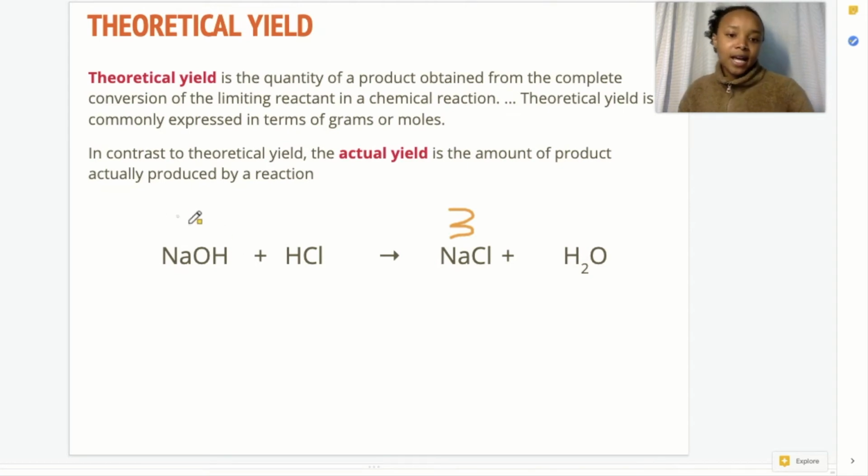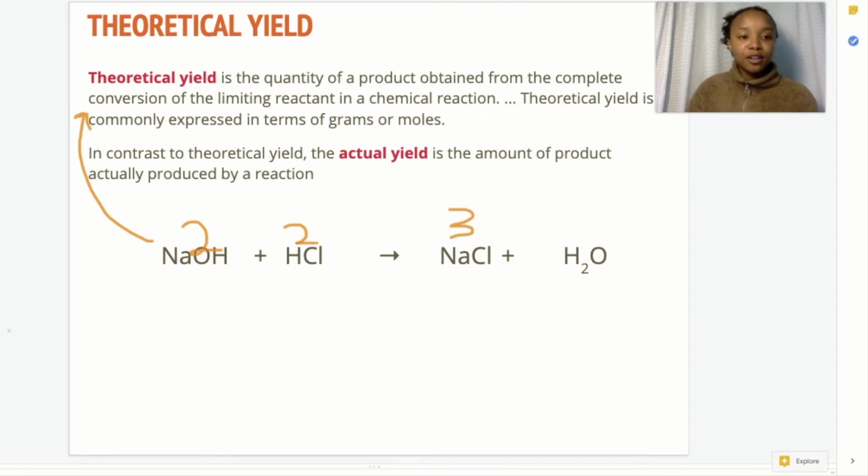So let's say it says I need 2 NaOH and 2 HCl in order to make 3 NaCl. These numbers in orange would be the theoretical. Theoretical meaning this is supposed to hold true. Like if everything goes right, according to the math, this is it.